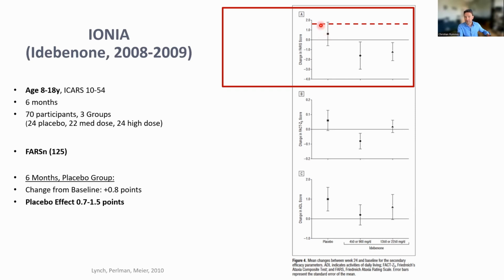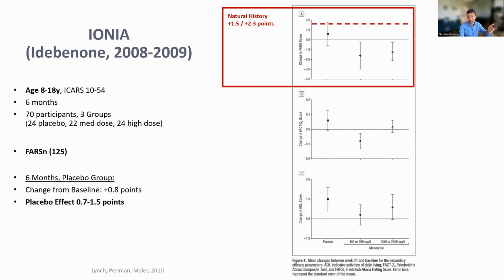And still not reflecting the full decline of the natural history study, which is, again, depending on which you look at, between 1.5 and 2.3 points. So the placebo effect here is much smaller, 0.7 to 1.5. And yeah, I think that's already when I thought, wow, that's a big difference.